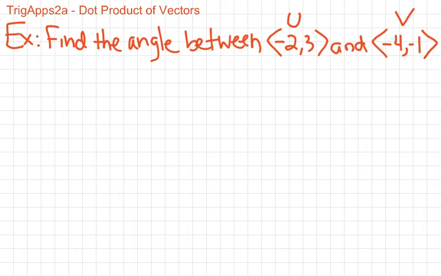Because I know that u, negative 2, 3, is in quadrant 2, and v, negative 4, negative 1, is in quadrant 3, I'm just going to focus on sketching a graph that shows both of those quadrants.